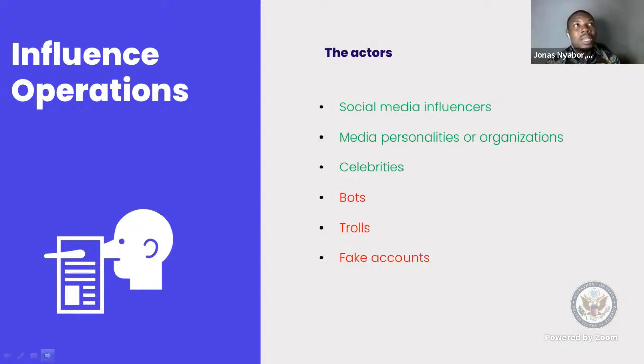Trolls come in typically in a situation where we are targeting a particular institution or a particular individual. So if there is a campaign against my person or my character as a journalist, because maybe I've done a story that somebody does not like, trolls can be used to post a lot of disinformation about me.